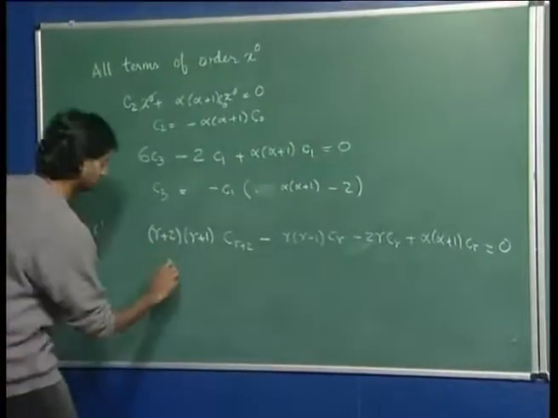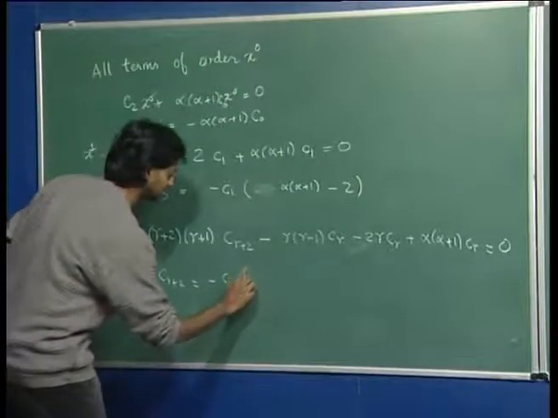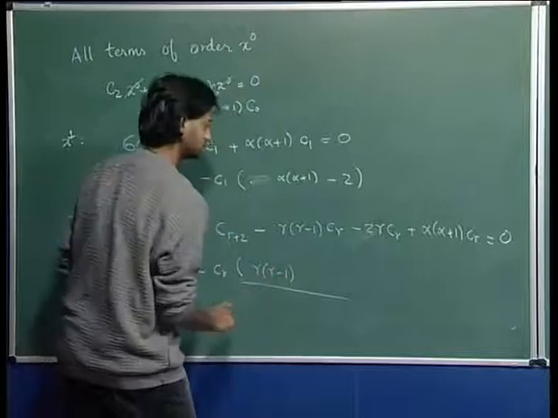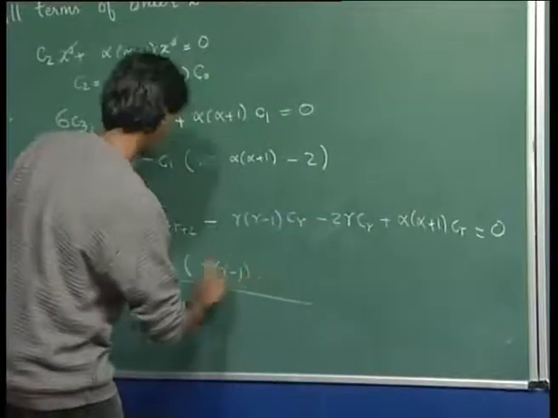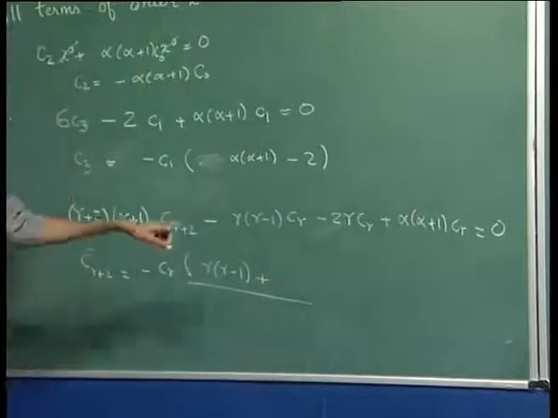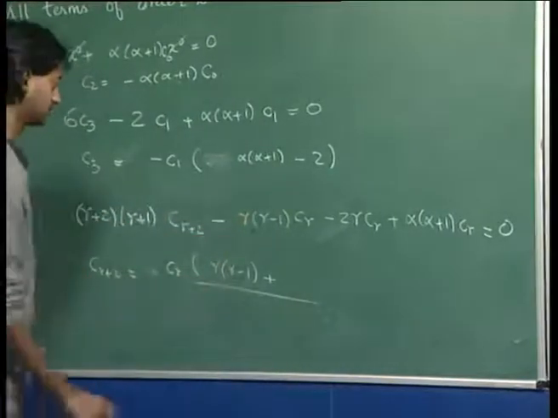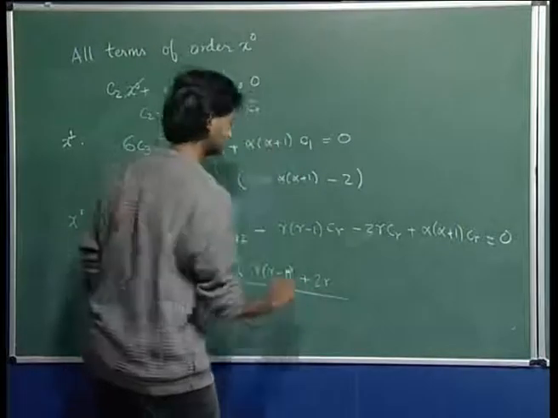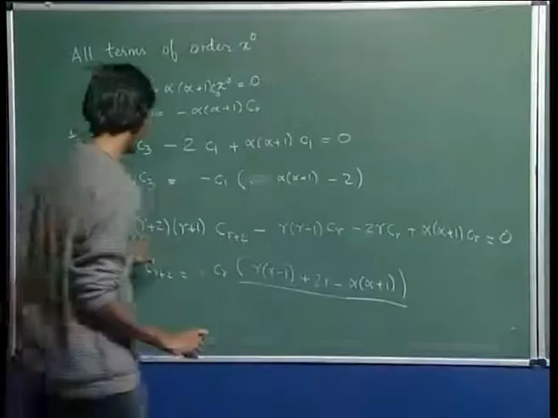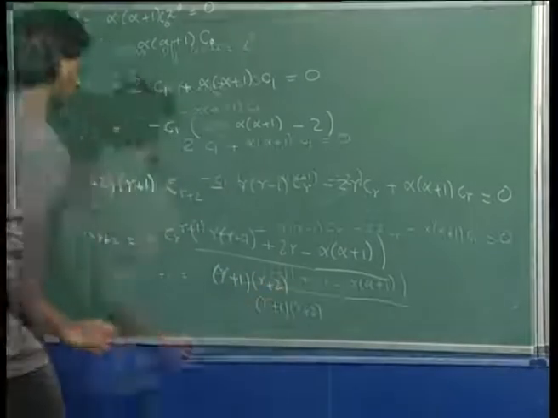We can write C r plus 2 is equal to minus C r times... So, what we are left with is r minus 1 plus C r into r minus 1 plus 2 r minus alpha plus 1, this divided by r plus 1, r plus 2.